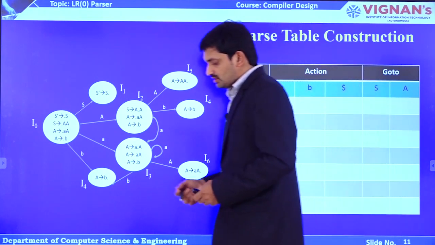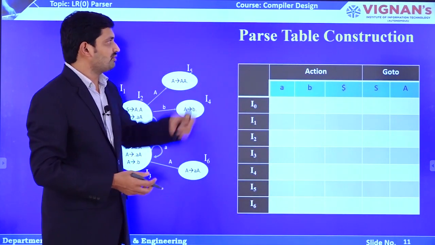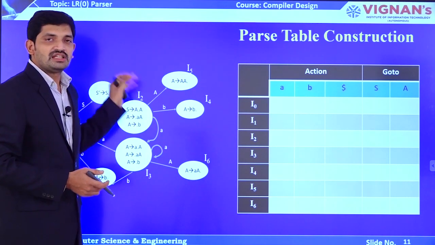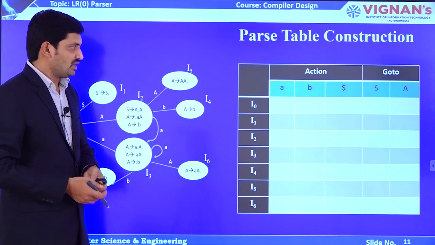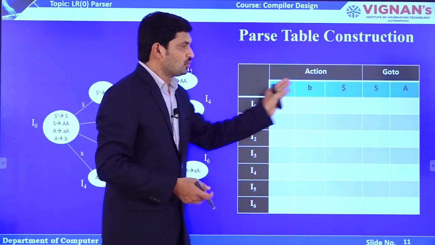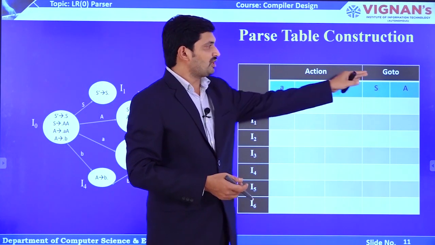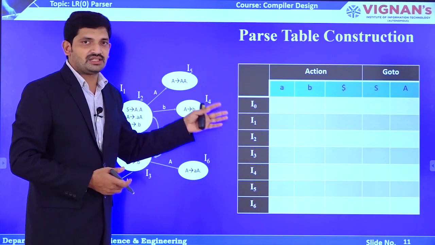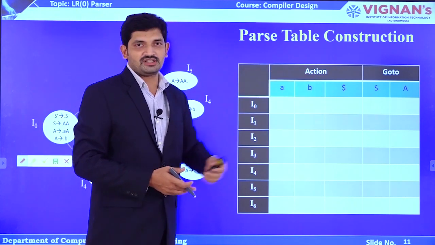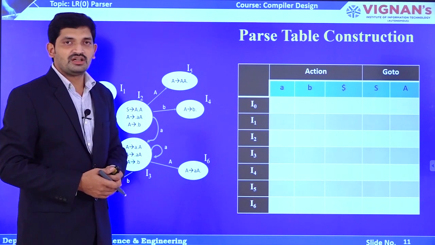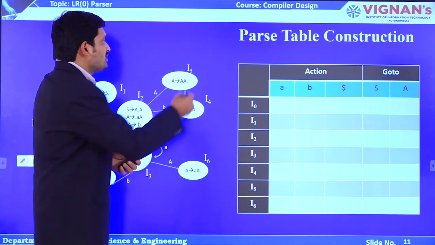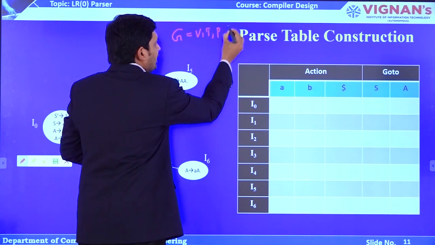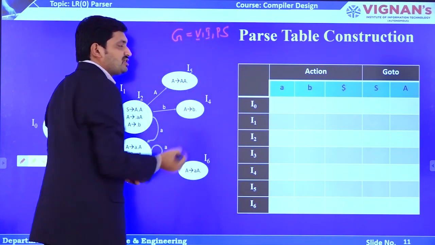Now come to the construction of the parse table. We use these LR0 canonical items. The parse table consists of two parts named action part and go to part. The action part consists of all the terminals in the given grammar, and the go to part consists of all the non terminals in the given grammar. As we know, G equal to VTPS, where V means variables or non terminals, T means terminals.